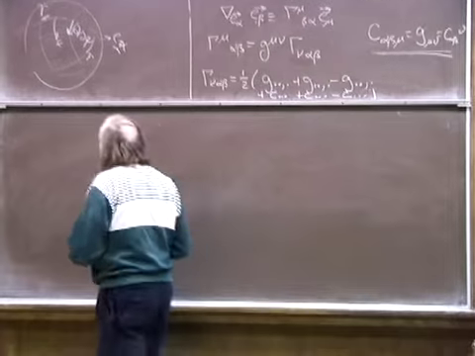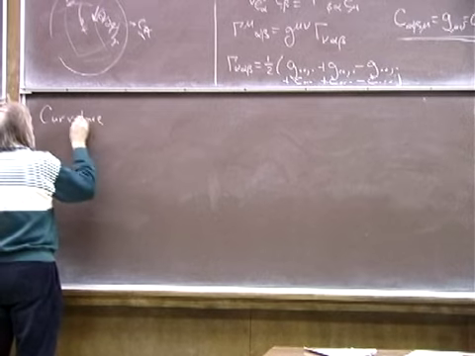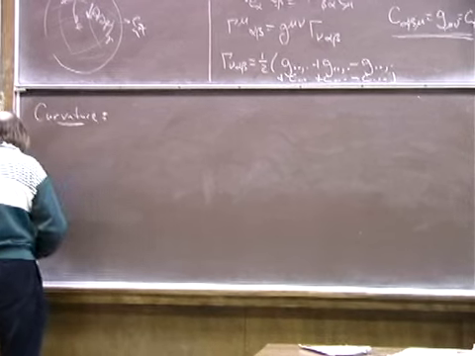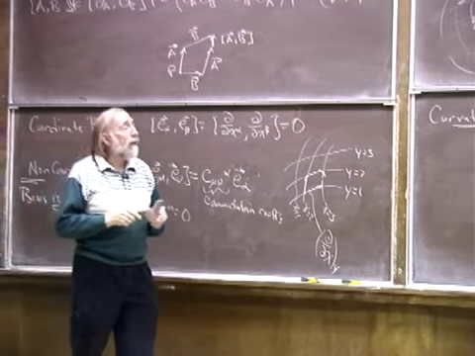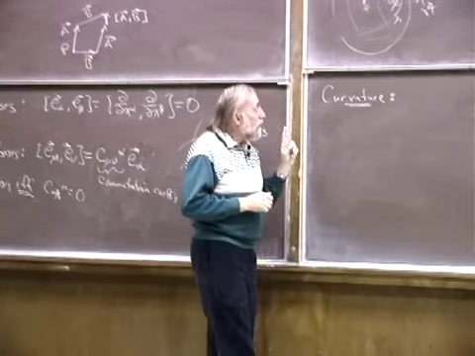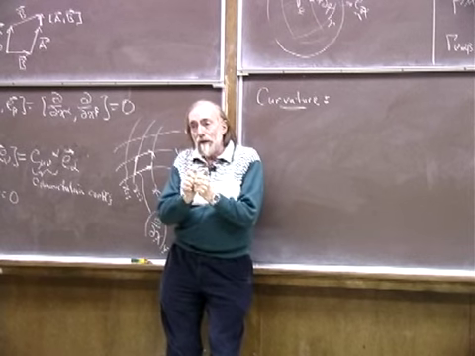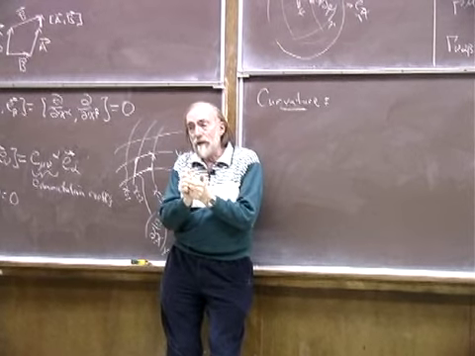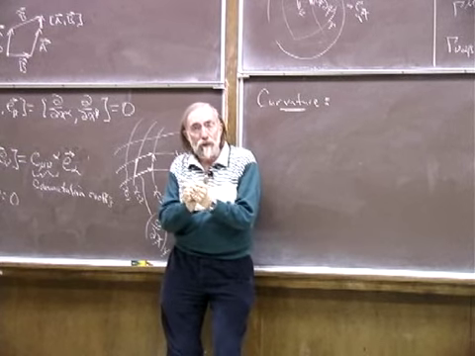Curvature. I introduced curvature in the reading in the simplest way that one can. The Riemann curvature tensor is a measure of the failure of double gradients to commute. That's one aspect of Riemann curvature, and it's the simplest way to define it.